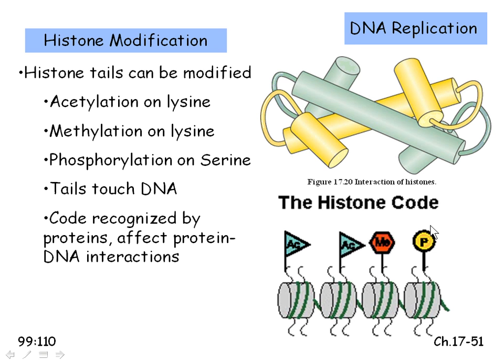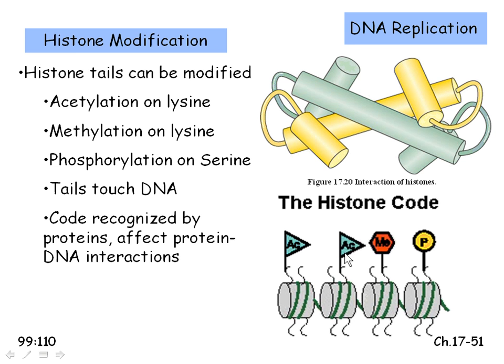So this kind of shows here a picture of what might happen, where you have these histone tails that are acetylated and methylated or phosphorylated. And these different additions on the histone tails serve as signals for proteins that can come along, and perhaps one is designed to specifically recognize these different signs that are present on the DNA, and they can come and bind to the DNA because of those modifications.